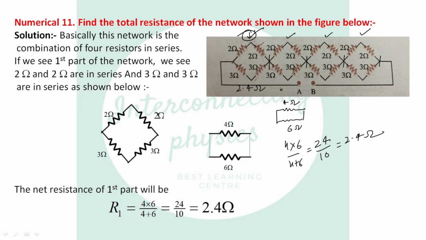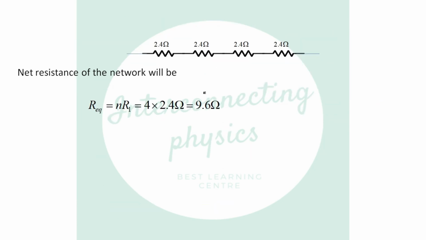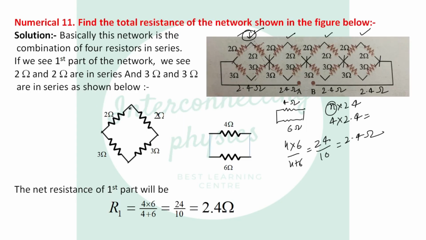The second, third and fourth units are also 2.4 ohm each. These four resistances are in series, so the answer will be N into 2.4. What is N? That is 4. And the answer is 9.6 ohm.